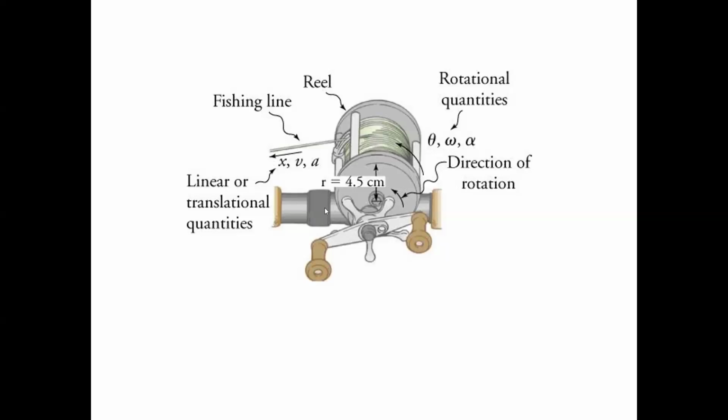To get the magnitude of the angular acceleration, we have to recognize that our final angular velocity is going to equal our initial angular velocity plus the acceleration multiplied by the time.